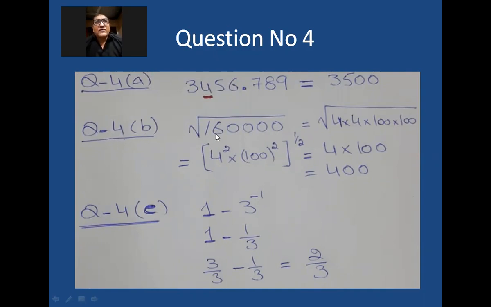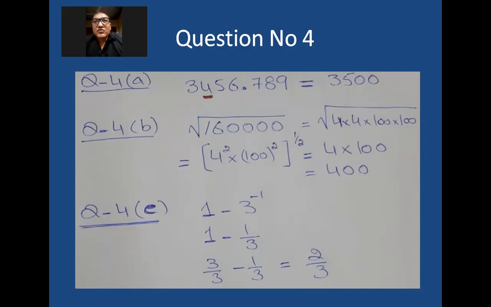So now the question number 4B part, this is the thing which you need to take the square root of. So this is 16 multiplied by 10,000. That 16 can be written as 4 square, and that 10,000 can be written as 100 square.